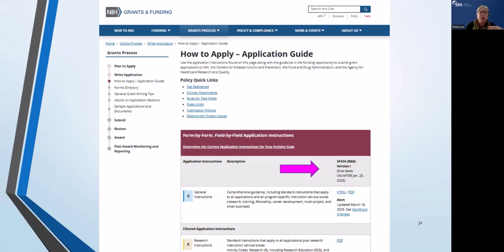It's important to know that as you have a NOFO and you have the general directions, the NOFO supersedes the general directions. So if the general directions say turn left, turn left, turn left, and the NOFO says turn right, you're expected to turn right.